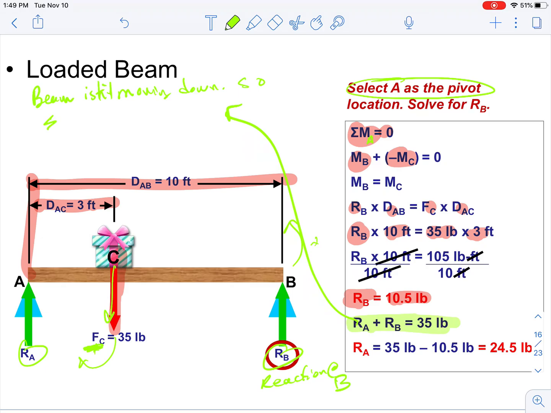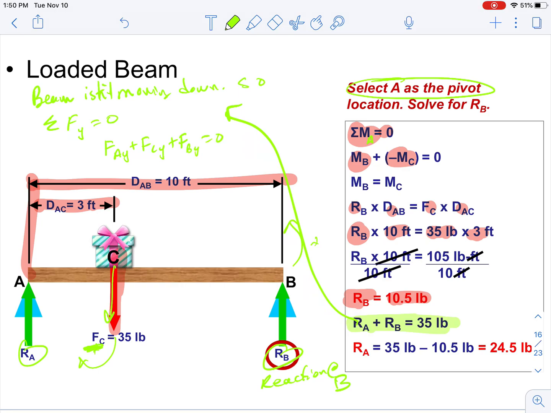So the sum of the forces in the y direction also equals 0. Right? And we know that there's a 35-pound force going down. So that means the force at A in the y direction plus the force at C in the y direction plus the force at B in the y direction all equals 0.